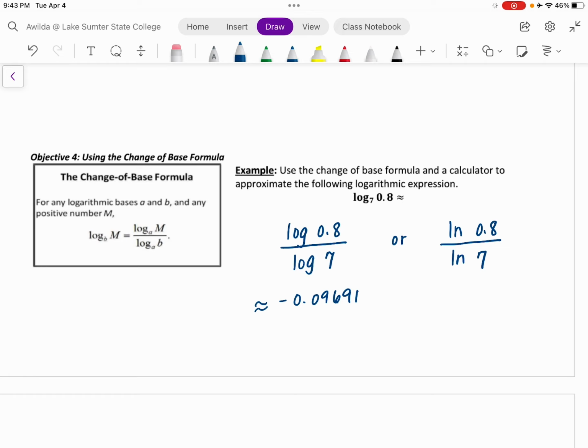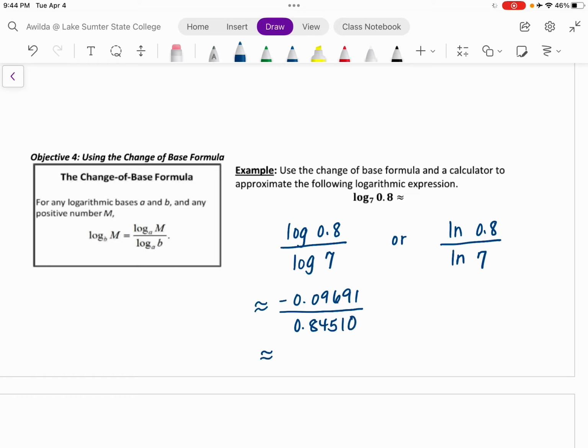But I think these 5 decimal places will be sufficient for the purposes of this example. Next, if I find the common logarithm of 7, I will get approximately 0.84598.